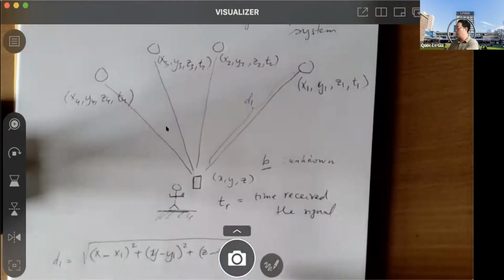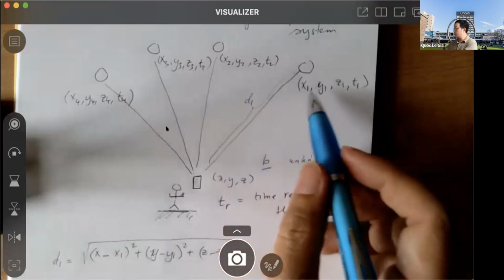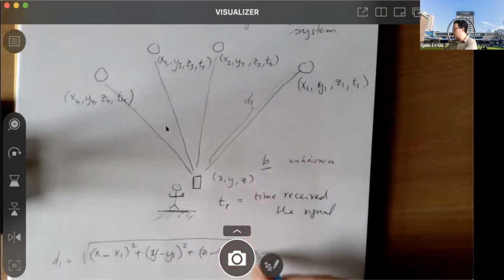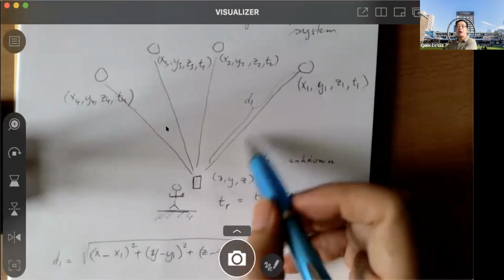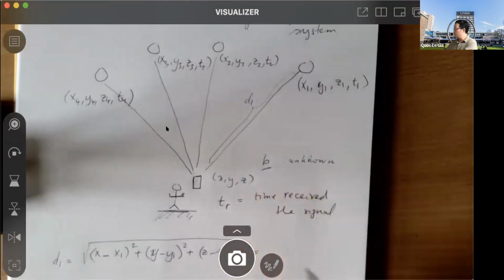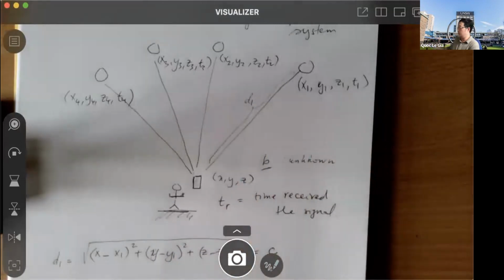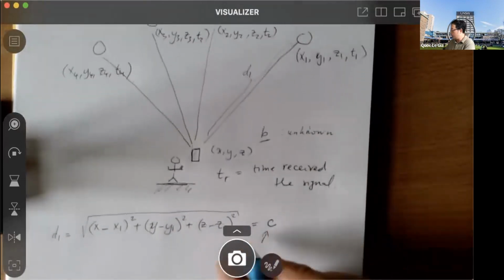And then the distance equals the speed multiplied by the time it travels. The speed is the speed of light, or the speed of electromagnetic signals.